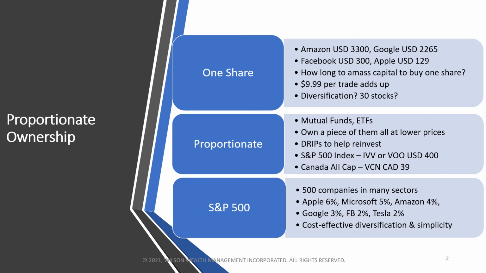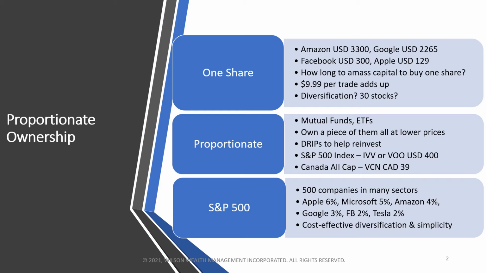If you're a Canadian, then a broad-based Canadian equity index, VCN, which is from Vanguard Canada, trades at about $39. Suddenly, if you have $200, $300 a month that you're investing, you can buy a little bit of the Canadian. You still need to save up for a little bit on the American S&P index funds.